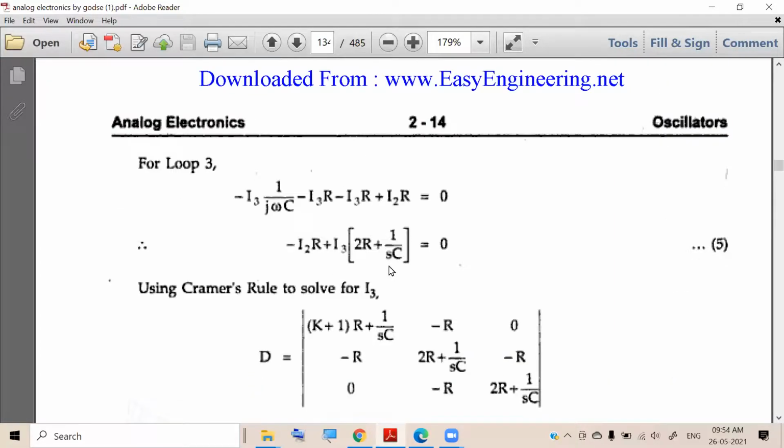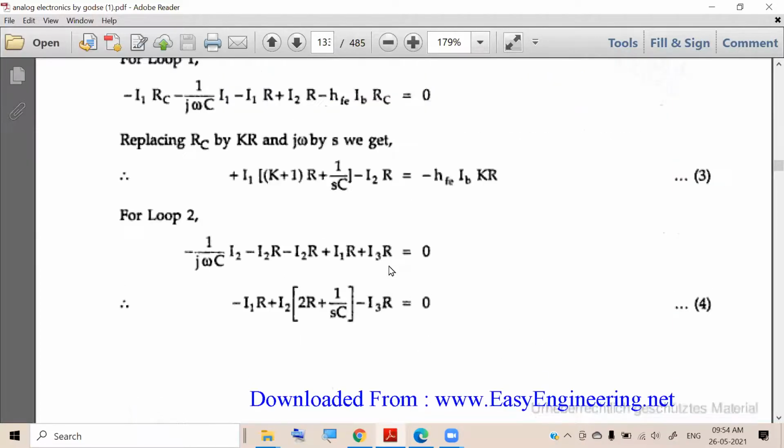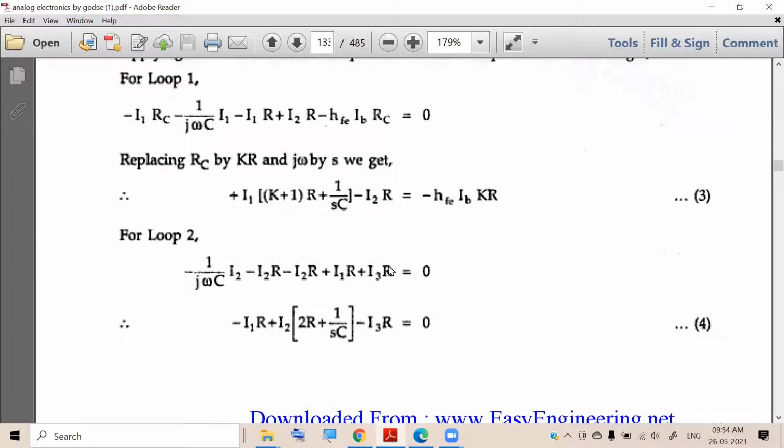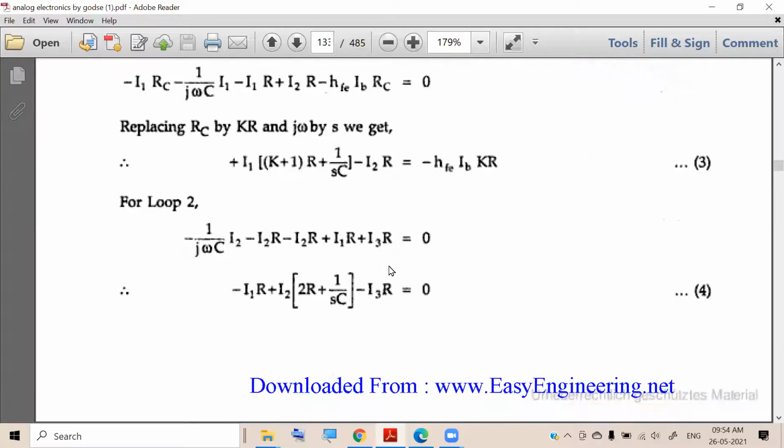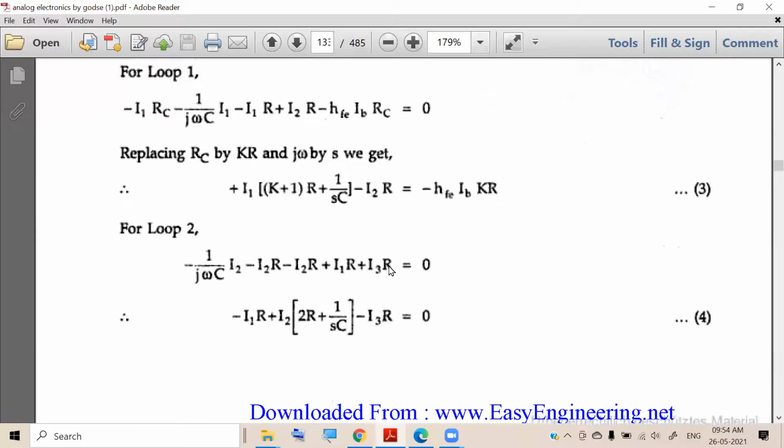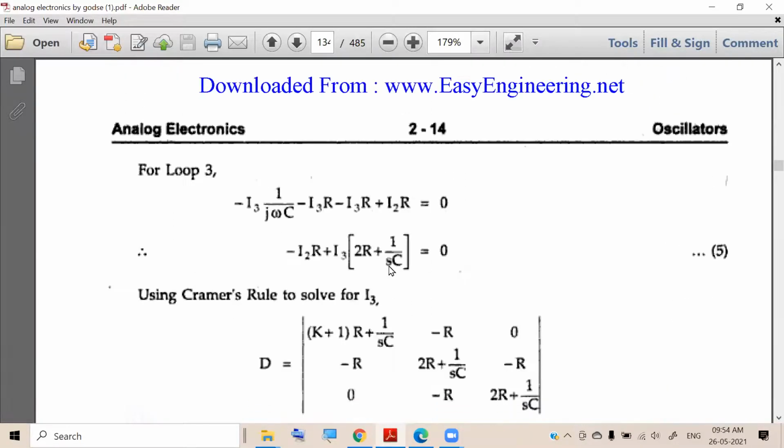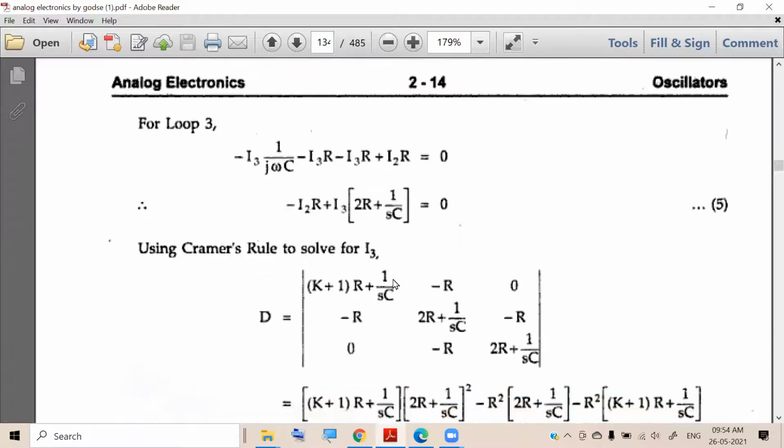Cramer's rule, which you might have studied in mathematics, says that if you have three equations and you want the current associated with the third variable, then the result will be D3 by D. First, let us discuss what D is.